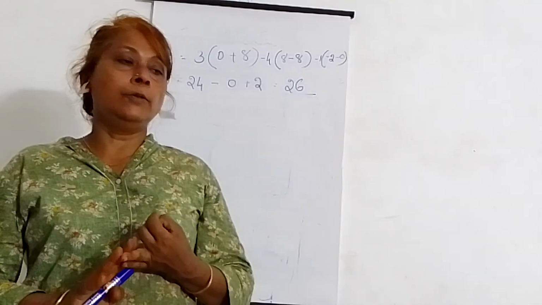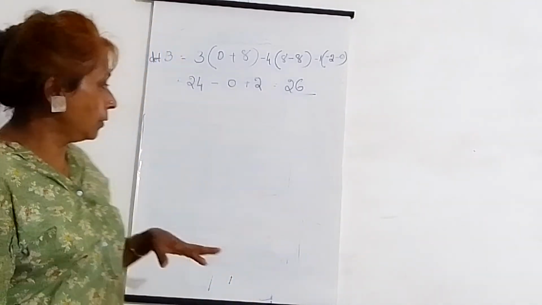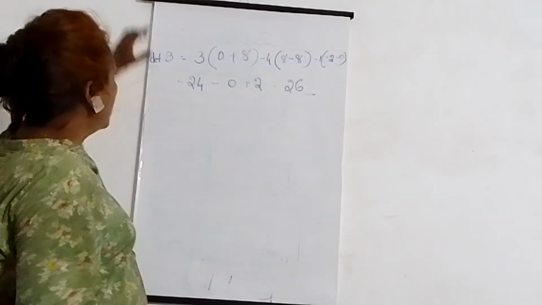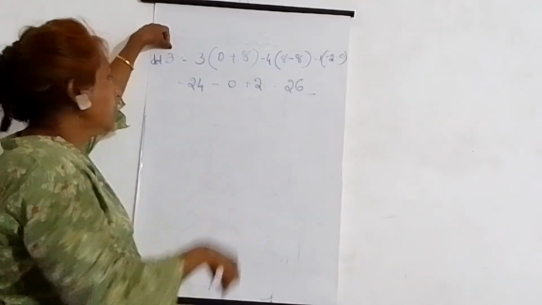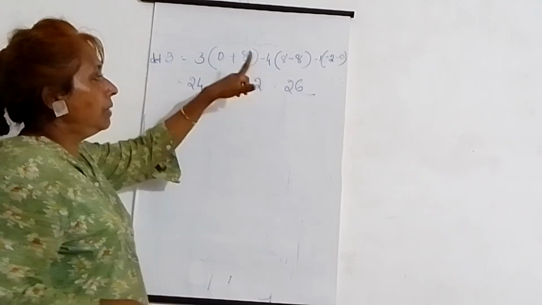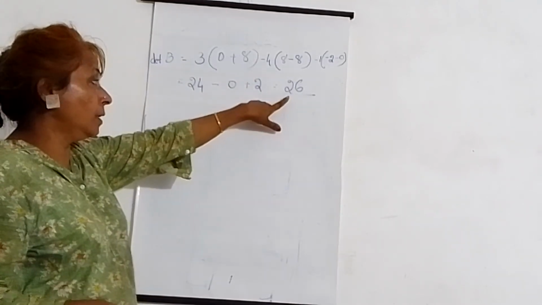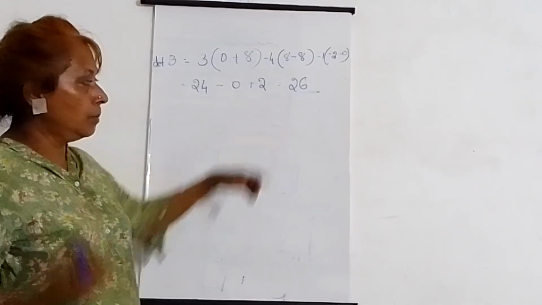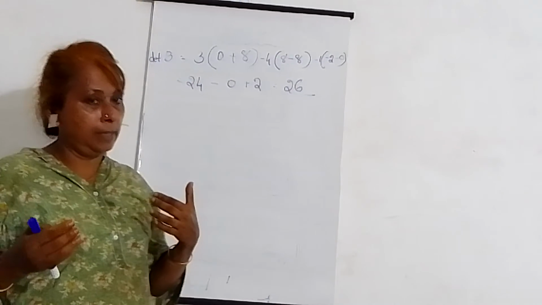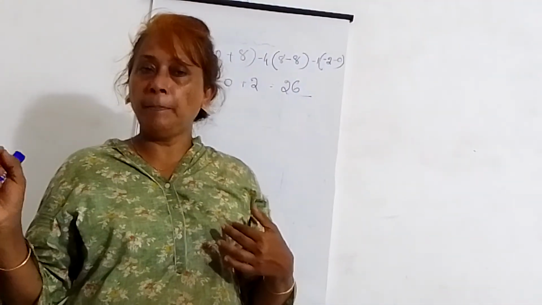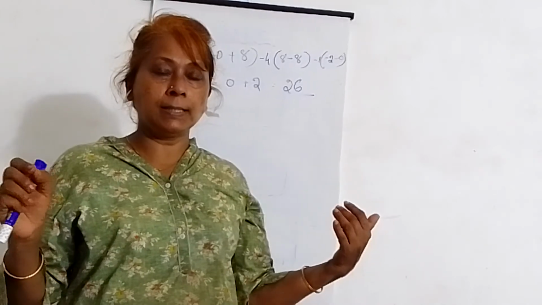Then to get the inverse, we take the transpose and divide the whole matrix by the determinant value. The determinant value here is 26, so divide it by 26. To divide by a number, we divide each and every member of the matrix by 26.